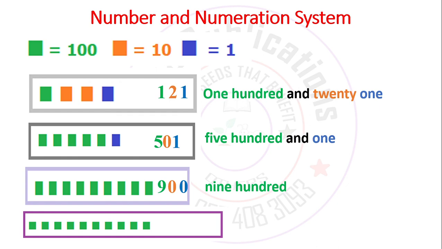So we have 10 hundreds. How many 10s do we have there? 0. How many 1s do we have there? 0. So the American will say 1000.